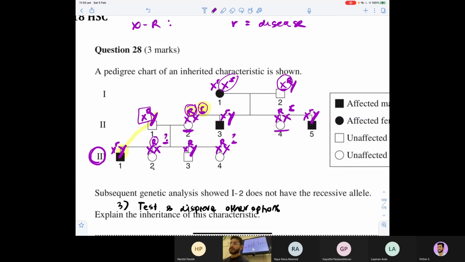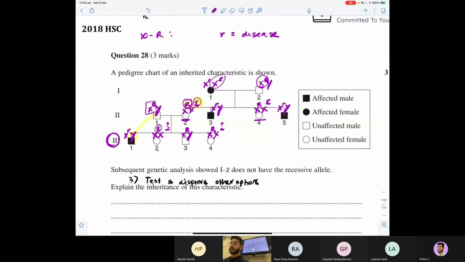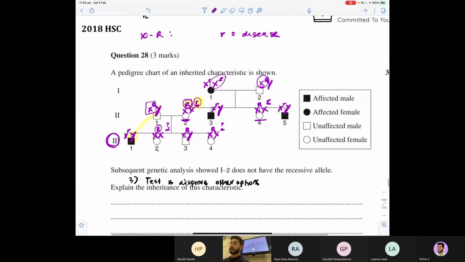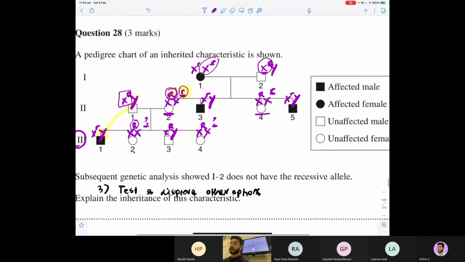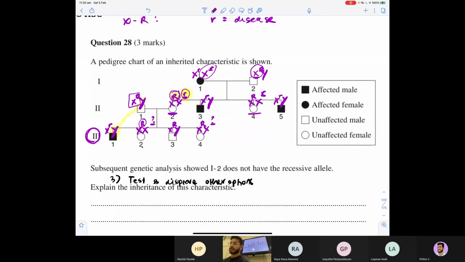Good. So when it says in the line there that I2 does not have the recessive allele, can we see that? Yeah, very good.